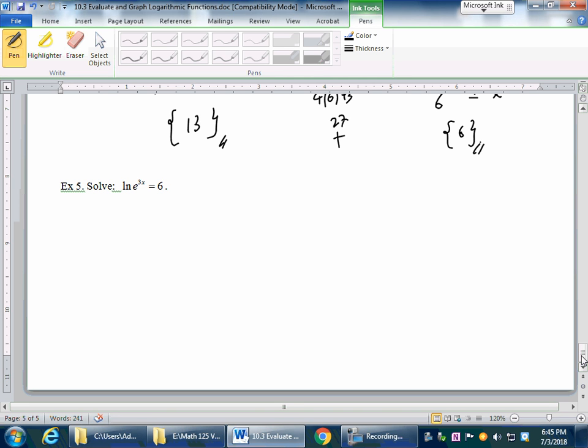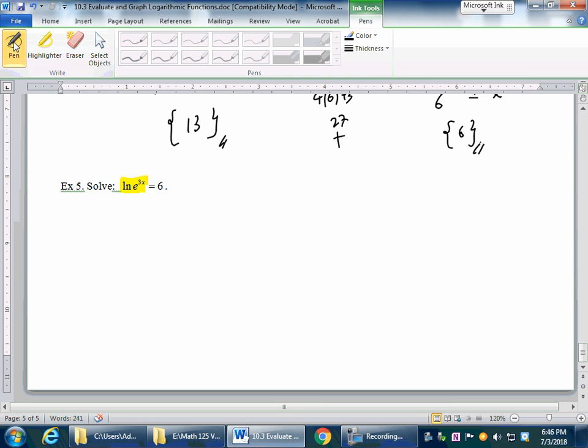Last example. ln of e to the 3x is equal to 6. So in this case, I already have my exponential term by itself on one side, and a number on the other side. So I can basically use the definitions to continue.